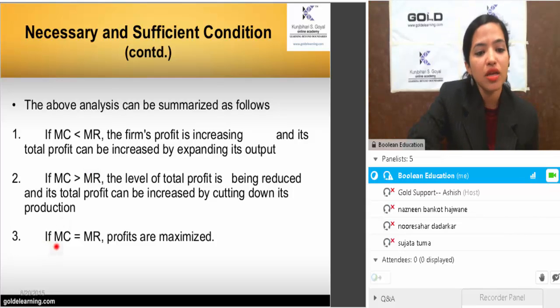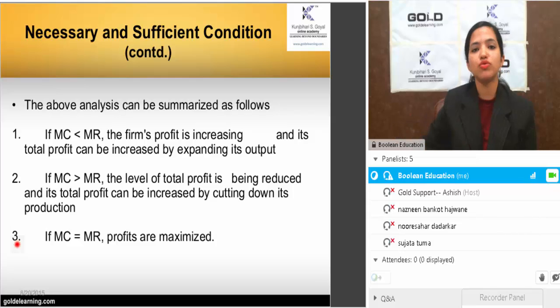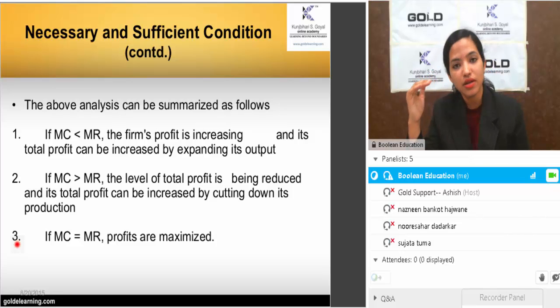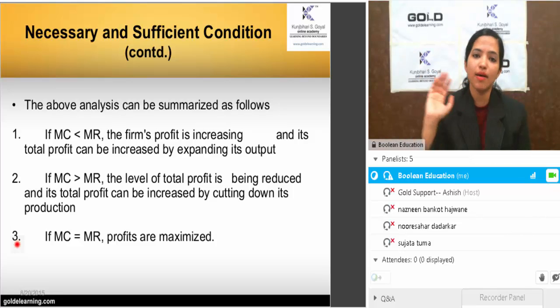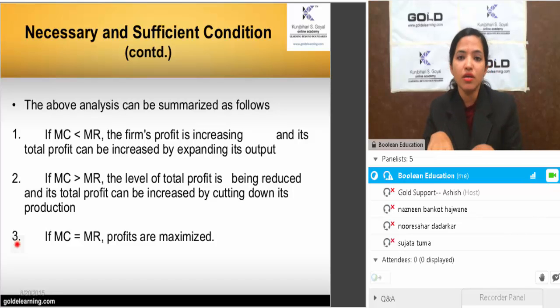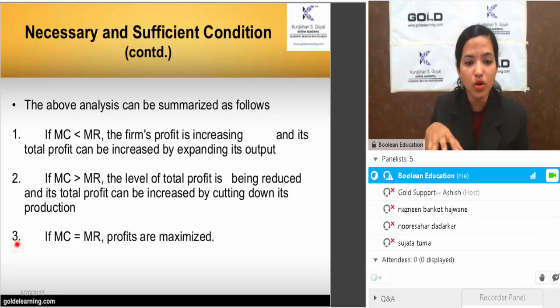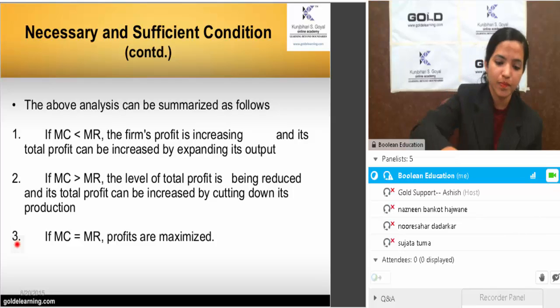If MC equals MR, profits are maximized. At the point where marginal cost equals marginal revenue, you have reached the supernormal profit level, ऐसा level कि उससे ज़्यादा आपको कुछ नहीं मिल सकता. Using the current conditions of your firm, इससे ज़्यादा profit you won't be able to make. That is your maximized profit.